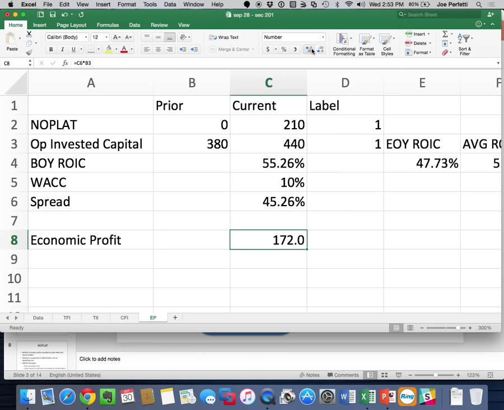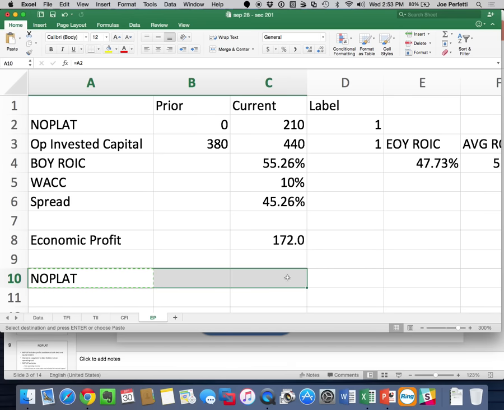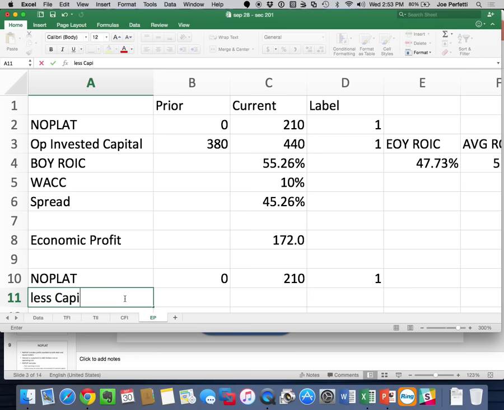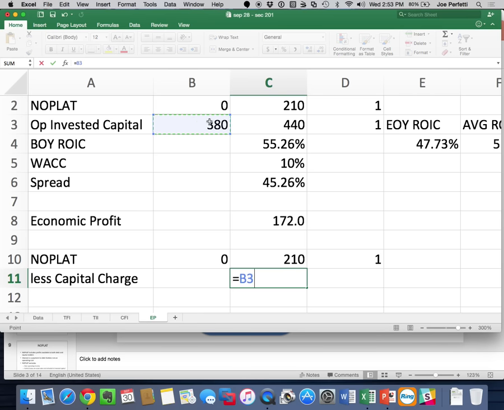In dollars, NOPLAT dollars. So start out with my NOPLAT again. Minus something called a capital charge. I tied up $380 million. I needed to make 10% on that $380 million.